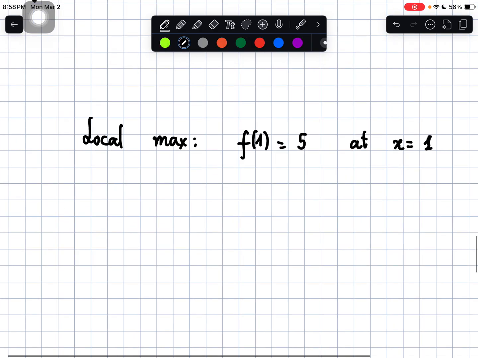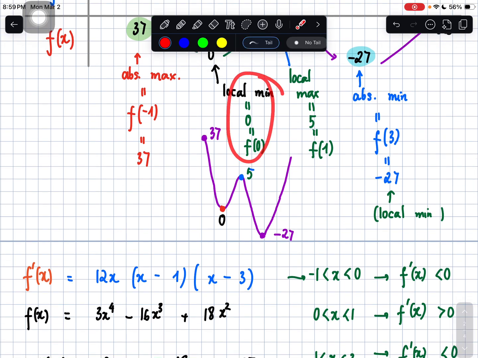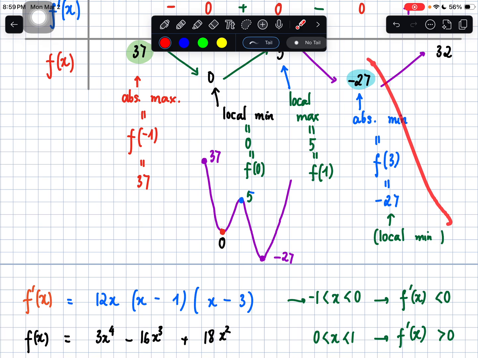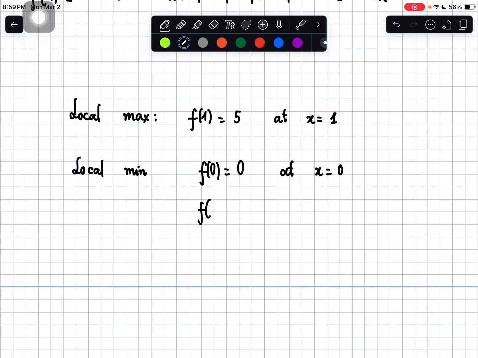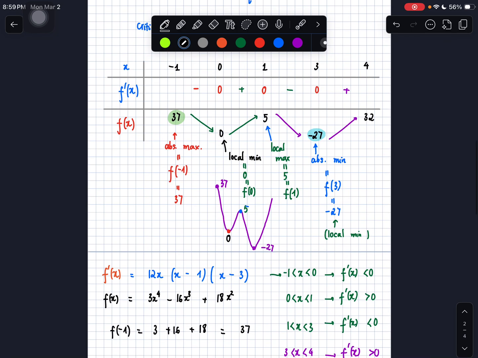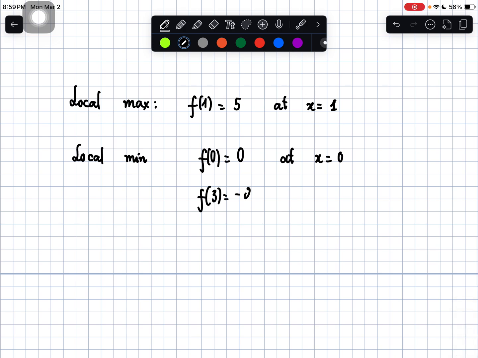We have two local minima, and one of them will be the absolute minimum. Local minimum 0, equal to f of 0, at x equal to 0, and local minimum minus 27, f of 3, at x equal to 3. These are the two local minima.